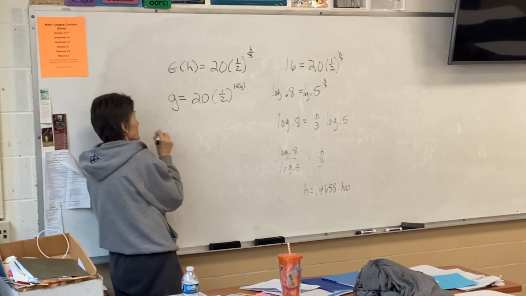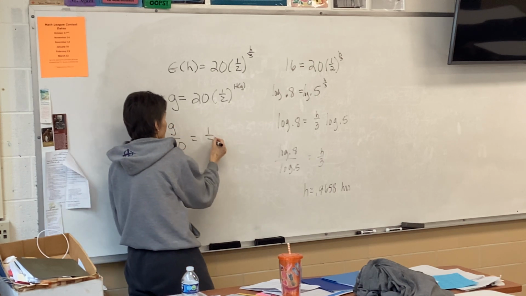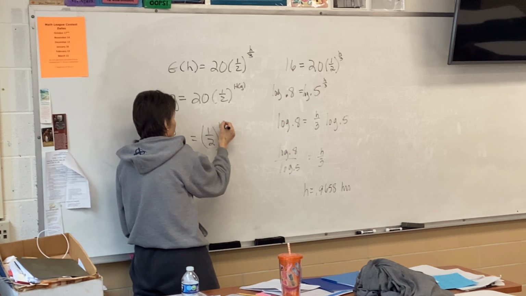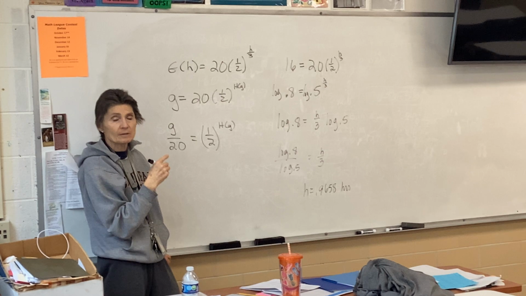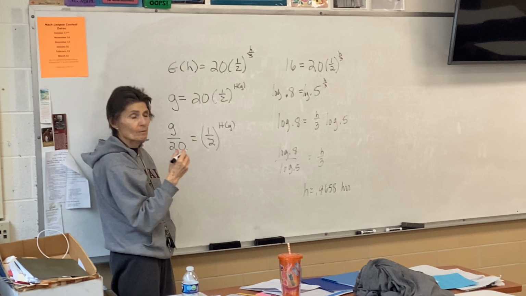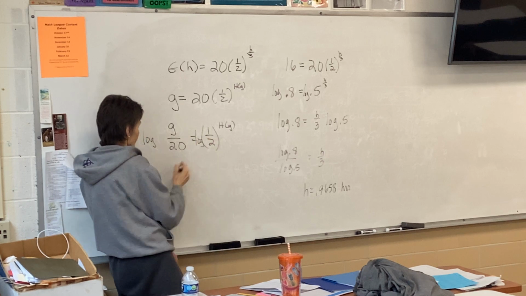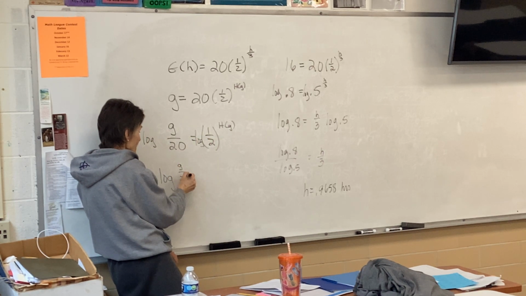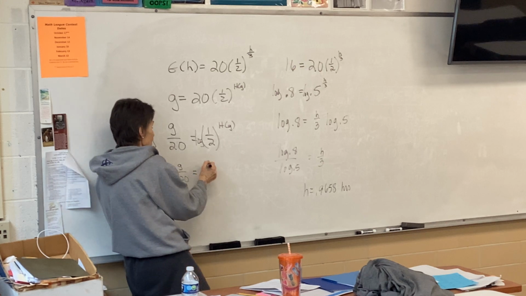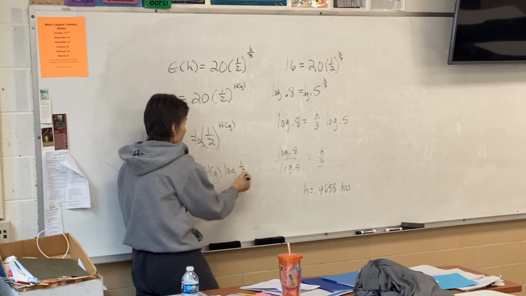Well, let's divide by 20. And the only way to solve that is to use logarithms. So the log of G over 20 is H of G times the log of 1/2.